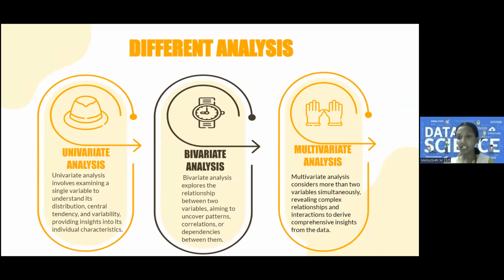It deals with just a single variable analysis. So let's say we are considering the data set of a student. In the data set of a student, we'll be considering the variable as the student alone. So we will be performing the univariate analysis, that is a single variable which is the student. So this is called univariate analysis.